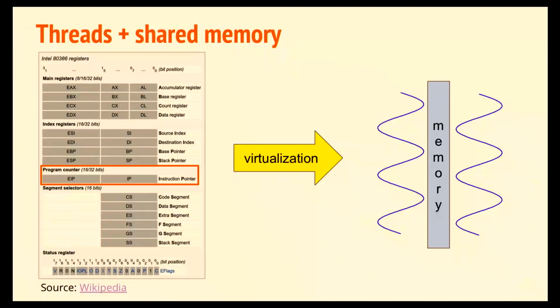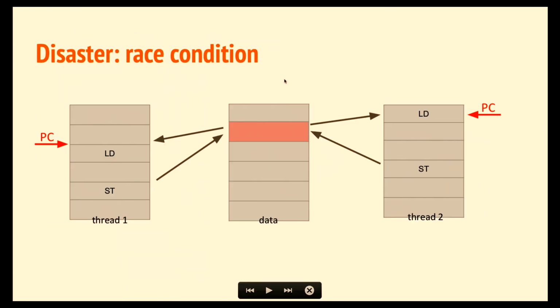If you have multiple threads in your program, they each have their own virtualization of the register set, but they're sharing the same memory. This results in terrible things, which you learned about this morning at the real-time class. The worst of all is race conditions. Here we have two threads that are both trying to access the same memory location, and of course you need atomics, locks, or things like that.